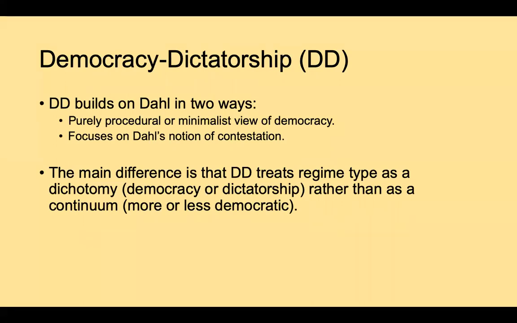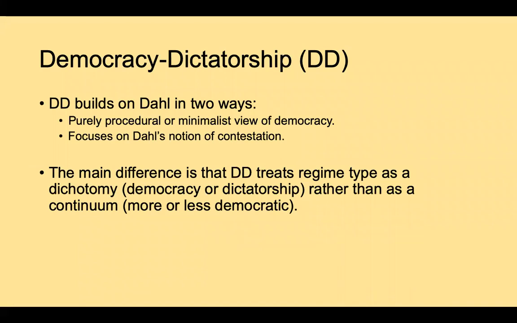And so this conversation has us thinking about democratization as really a 3-step process. There's democratization of the society, the transition itself, and then consolidation. And the measures that we use throughout the process to evaluate how democratic those regimes are or are not. And so we'll get started today by picking up where we left off with democracy dictatorship.